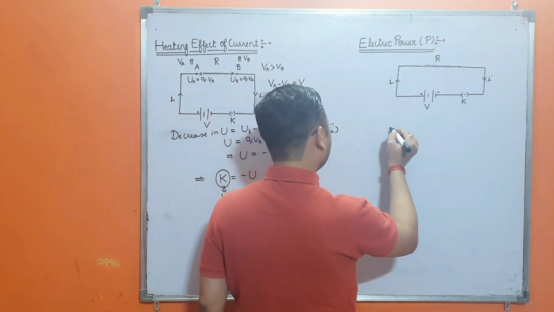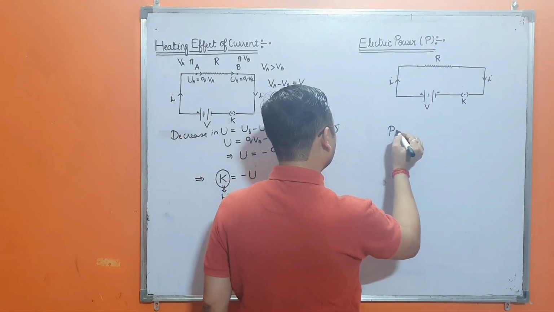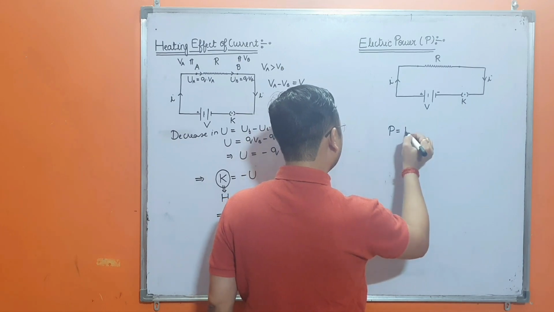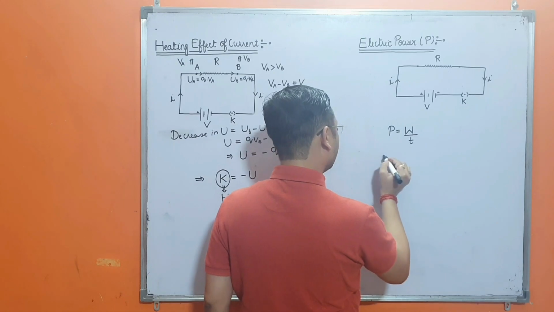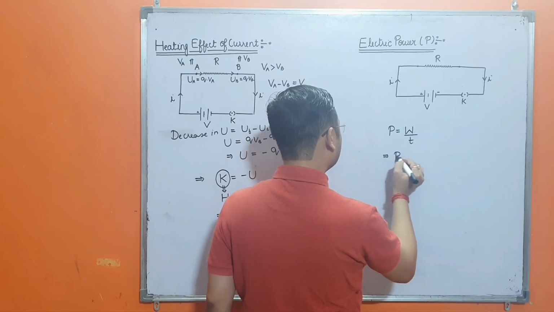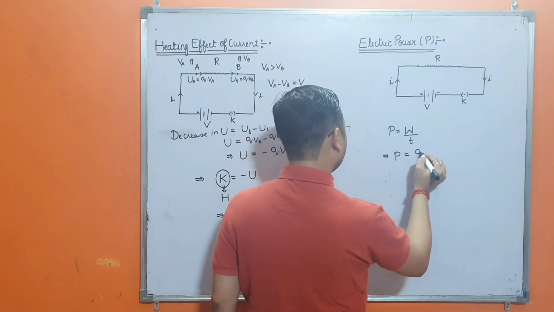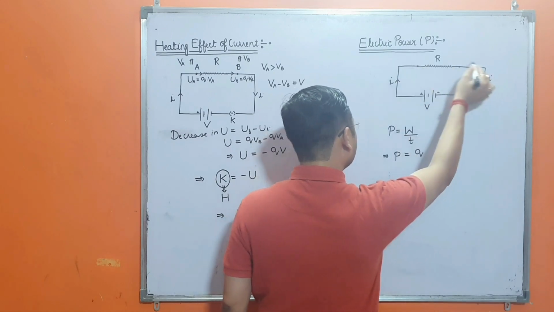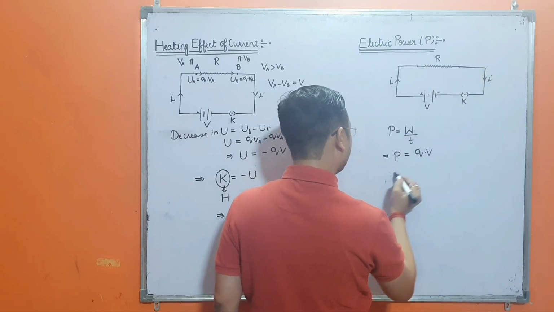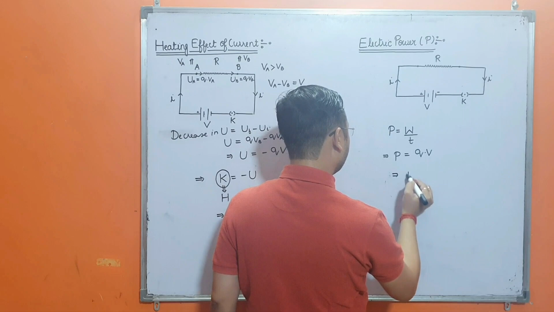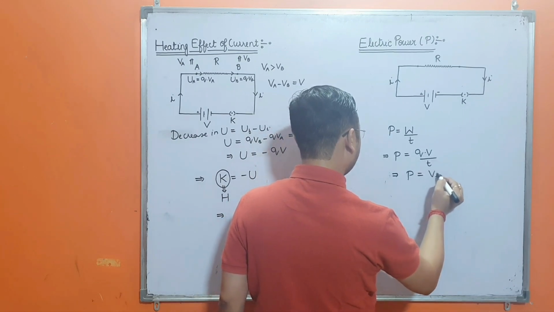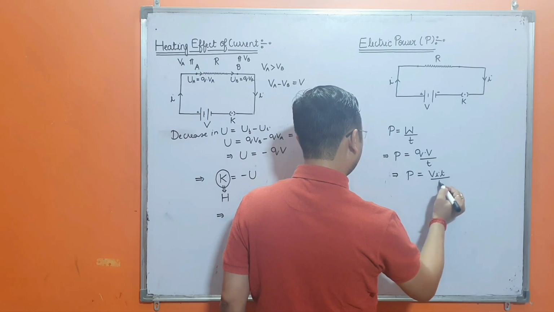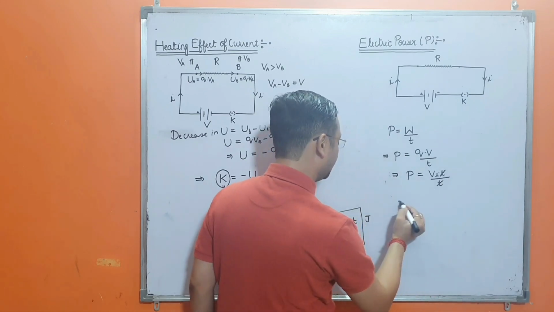So now, how can we define the electric power? P will be equal to W by T. What will be the work done? We know that work done is equal to charge multiplied by the potential difference, Q into V. We know that Q can be written as IT, therefore it will be written as VIT divided by T. T and T get cancelled.